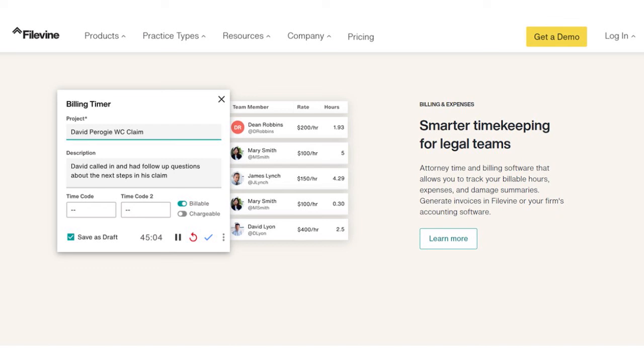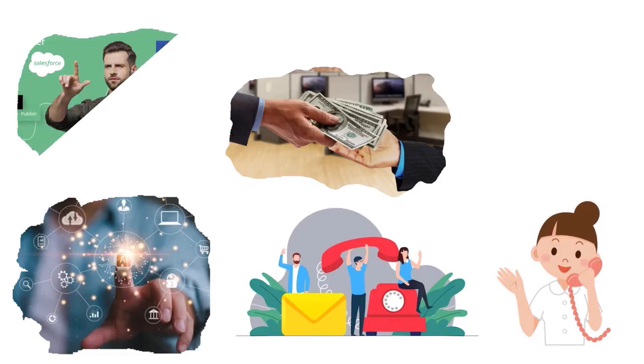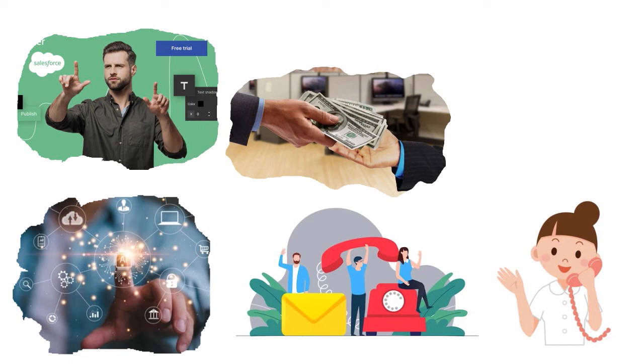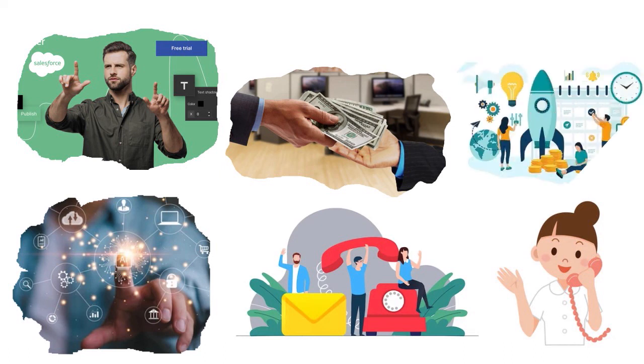Basically, it's all about knowing exactly what you want with your software tool. And besides legal practice, you can use Filevine for certain other things as well. It's just a matter of aligning your business and your tools with the right software provider. Very important.